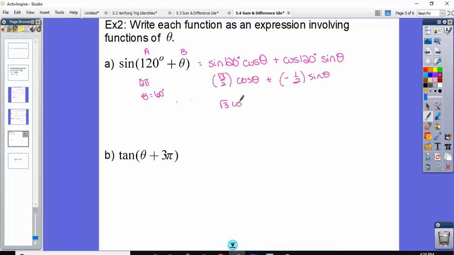This would be like radical 3 cosine theta over 2 minus 1 times sine theta over 2. Or you could even make one big fraction. I just wanted you to simplify it as much as you could. So really, I will accept any of these 3 for the final answer on that.